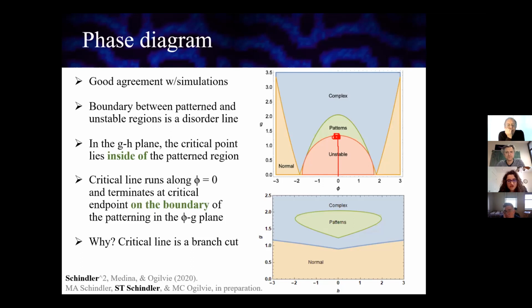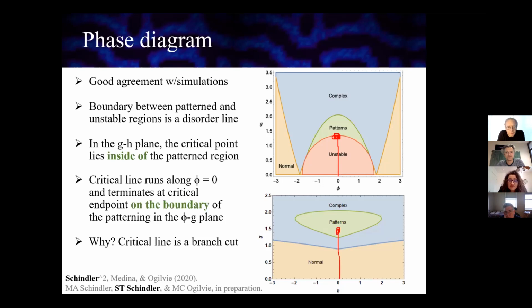If we cast it into the GH plane, which is the phase that we originally had things in, with the GH parameters, we of course don't see any instability in our simulations. And of course, the critical endpoint is going to be at the exact same point up here where it was there. I didn't draw it super well, but it's going to be inside the patterned region.